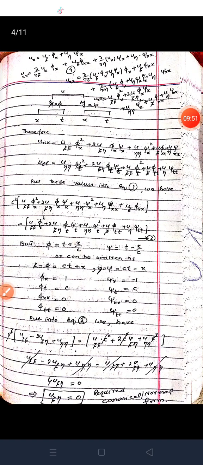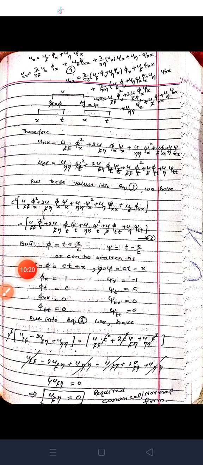Now c square into uxx, putting the value of uxx, is equal to utt, putting the value of utt. But we know that phi is equal to this number, psi is equal to this number. Taking the derivative of phi with respect to x, it must be equal to 1 over c. It will be okay, I write it 1.